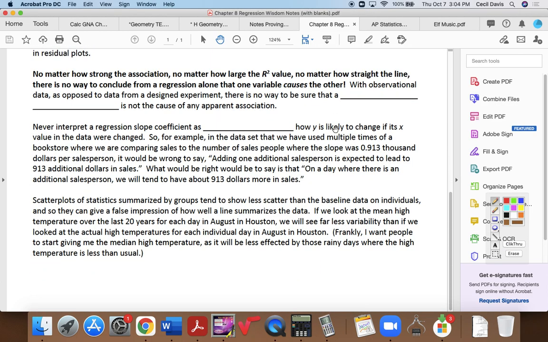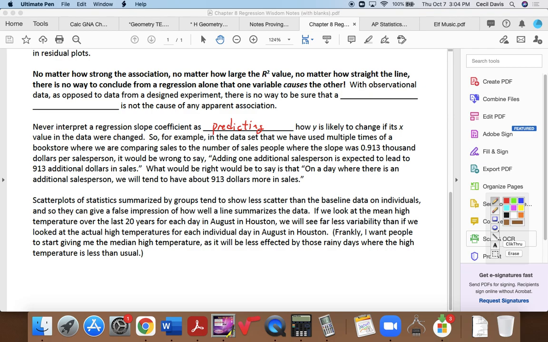So, never interpret the regression slope coefficient as predicting how y is likely to change if its x value in the data were changed. For example, in the data set that we have used multiple times of a bookstore where we're comparing sales to the number of salespeople, the slope was $913 per salesperson.